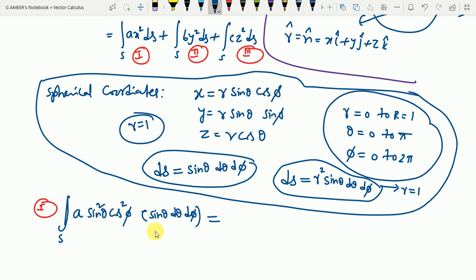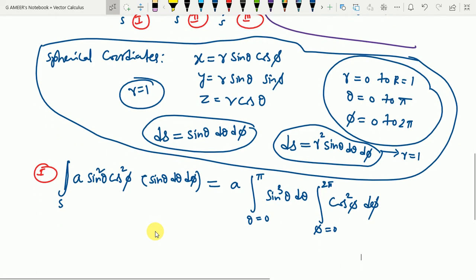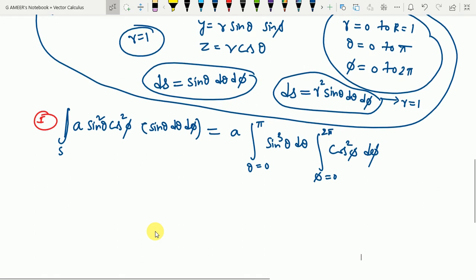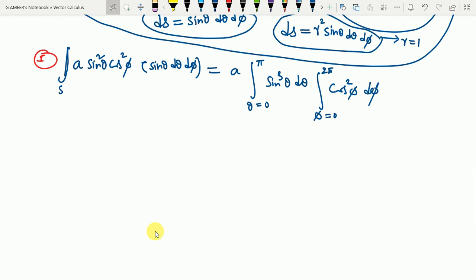Now I can pull out a as a constant. Then theta varies from 0 to pi, so I have the term sine cube theta d theta. Then phi is equal to 0 to 2 pi, that is 360 degrees, cos square phi d phi. This is our standard integration. We need to calculate what happens to this sine cube integration over 0 to pi. I'll put the ready-made formulas here instead of solving, you can try yourself.